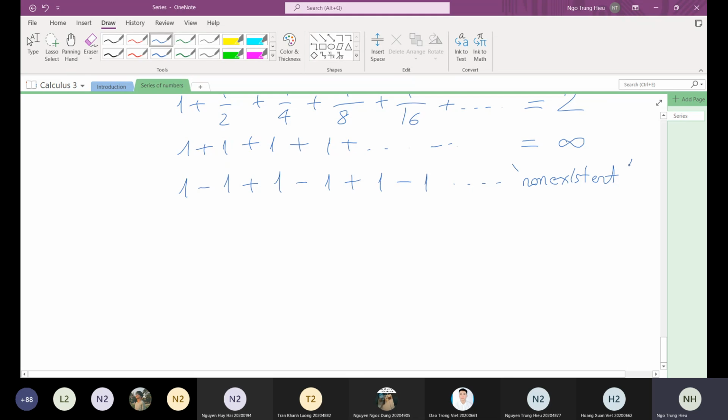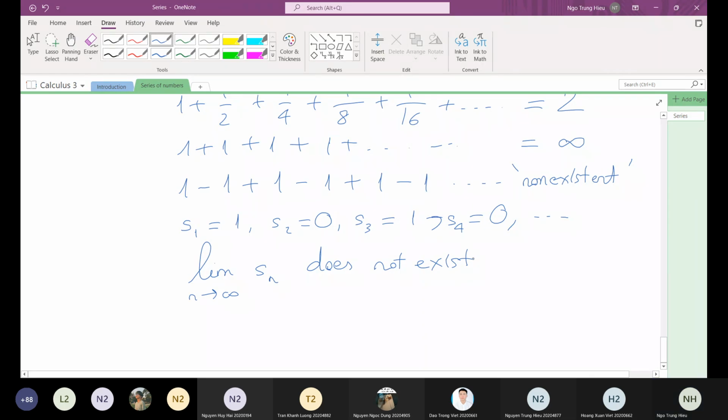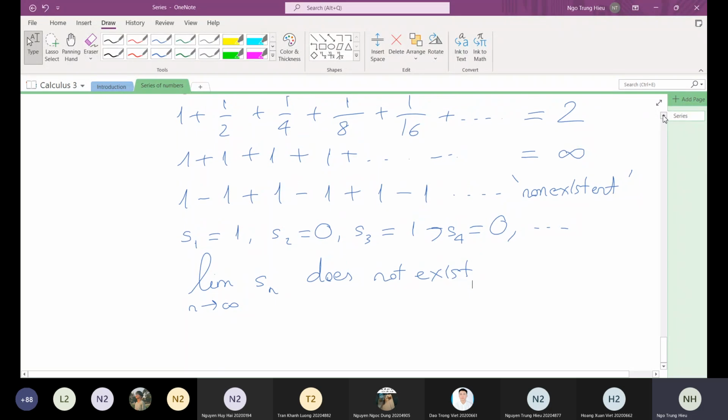You can think of a number which doesn't exist, right? Because in this case you see that the partial sums s1 equals 1, s2 equals 0, s3 equals 1, s4 equals 0, and so on. So the limit of s sub n as n goes to infinity doesn't exist, right? Because it's just the sequence 1 0 1 0 1 0. It doesn't have any limit.